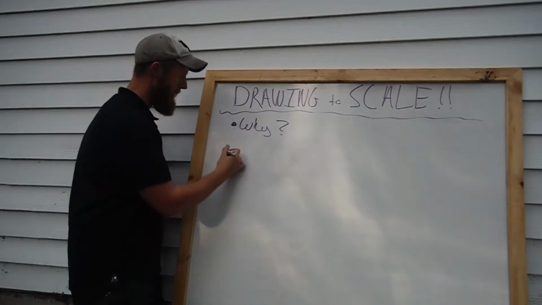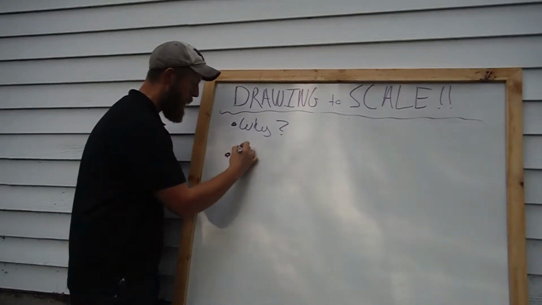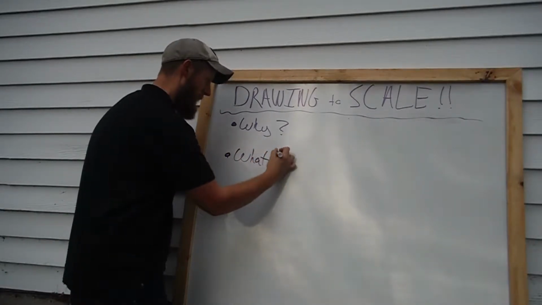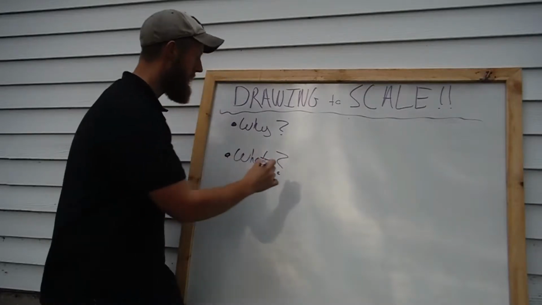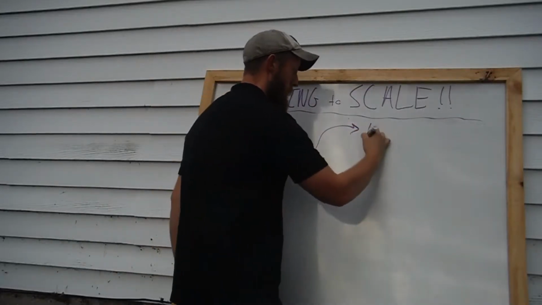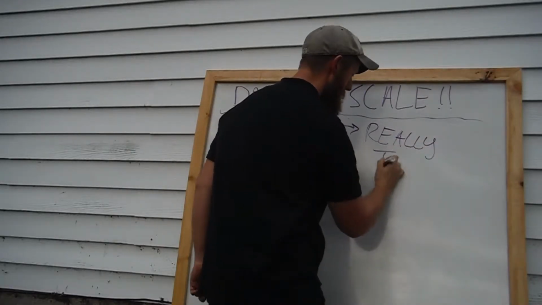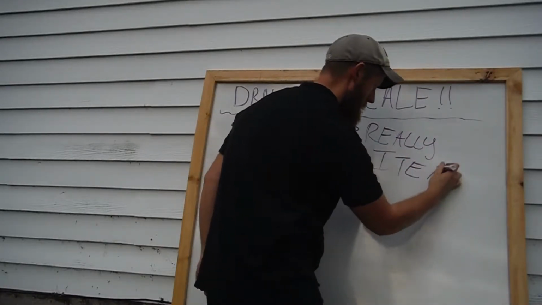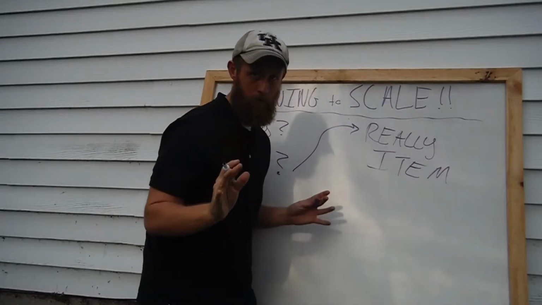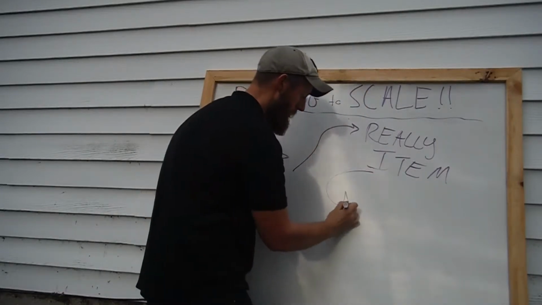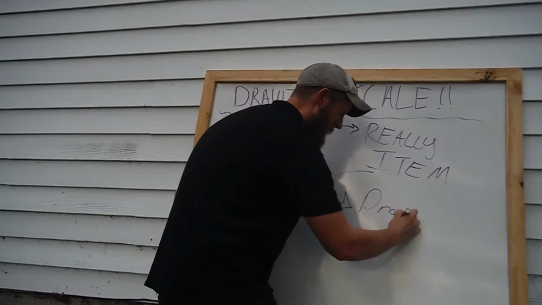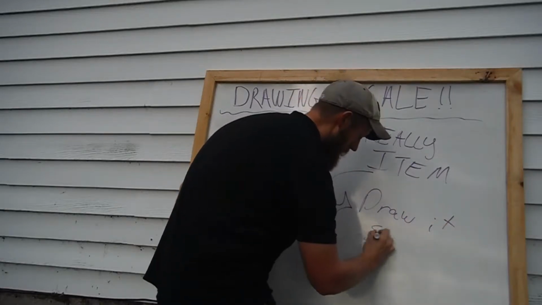The second thing is, what is it? All it is, you take a really big item, and then you draw it smaller.